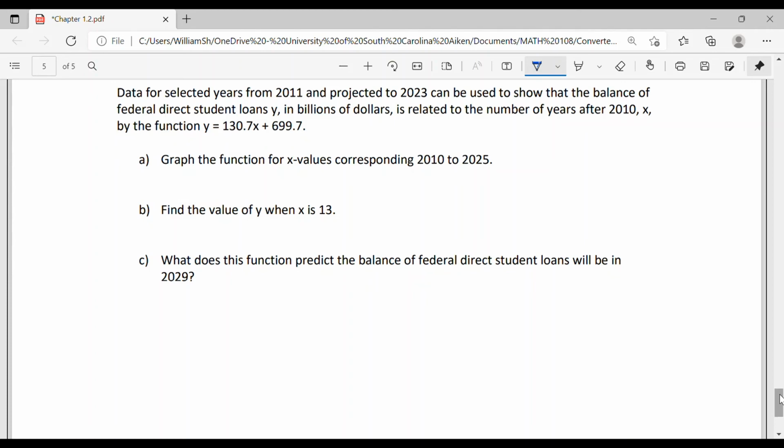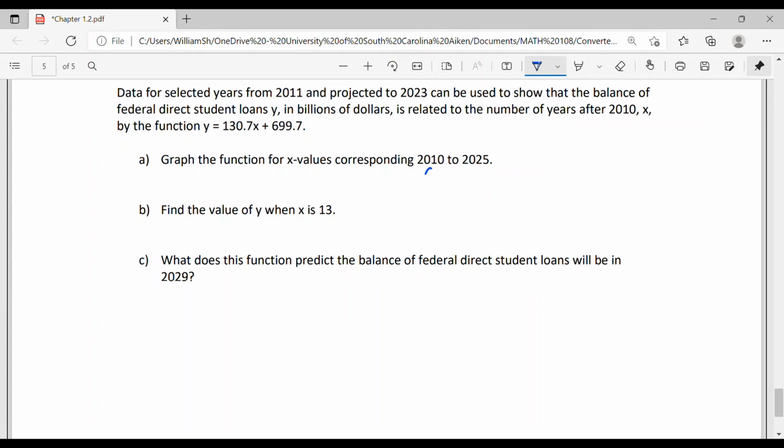Now A says graph the function for x values corresponding to 2010 to 2025. Okay, so what we have to do really before we can graph this function for these x values corresponding to 2010 and 2025, we actually have to figure out the x values that correspond to 2010 and 2025. Now, x is the number of years after 2010.